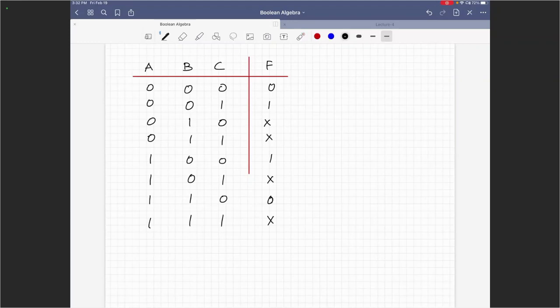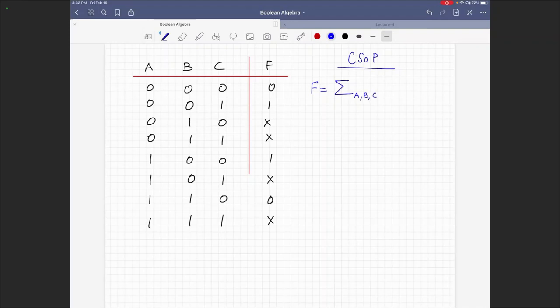So what I'll do is write CSoP, and I'm going to list it in shorthand. F equals, I have a summation. Yes, I need a summation. Why? Because I'm doing a sum of product. What is the order of my inputs? Very important. I need to specify the order in which they appear.